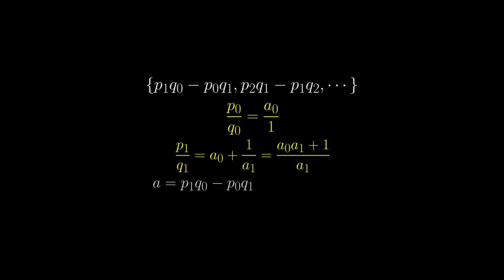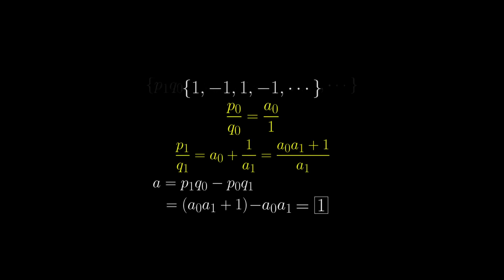Then we can start calculating a. Now that we know a is 1, that means the original sequence is made up of 1 and -1.